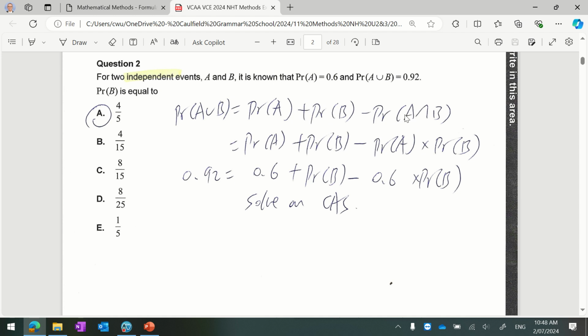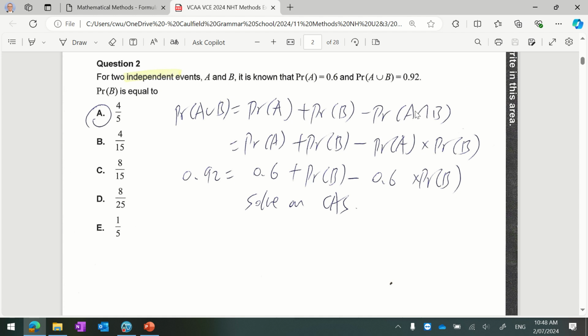The only thing that we really don't know is the probability of A intersect B. You can see my highlighting here, and every one of you should have a highlighter in any exam setting. You should be highlighting key points and keywords.